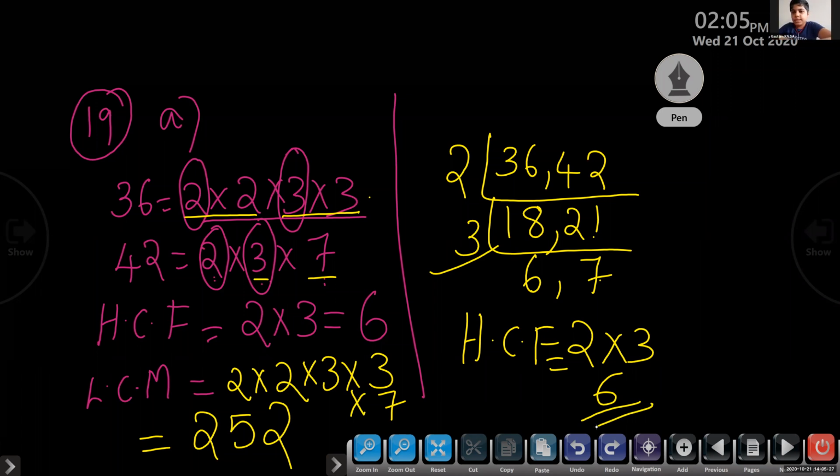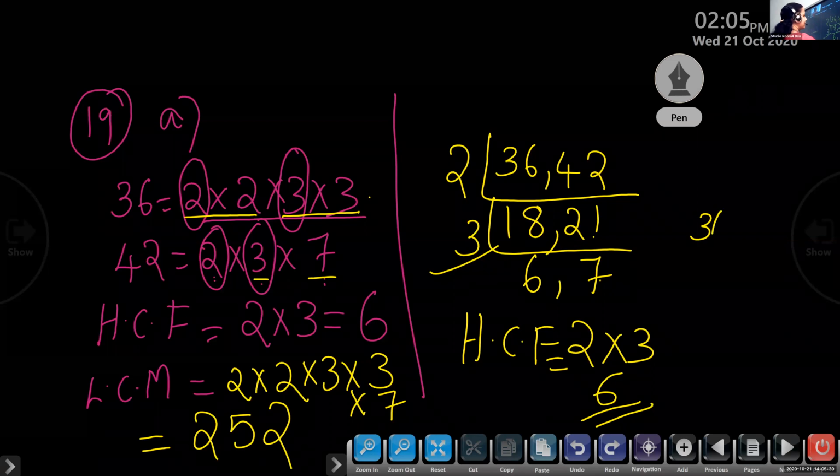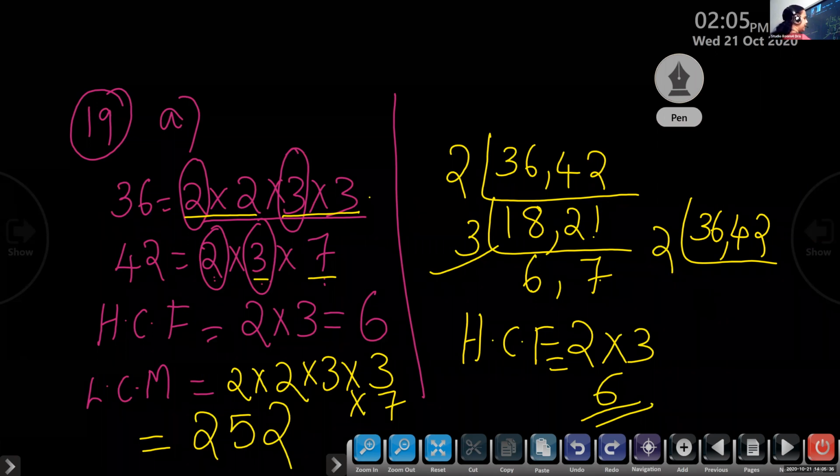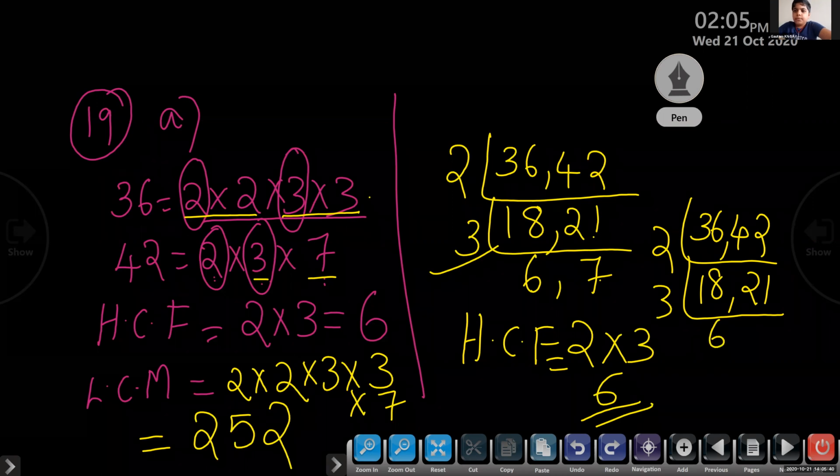Now, same, we will take 36 and 42. But for LCM, you have to go on. We will take 18 here, 21. Same 3, 6, 7. Now children, again you have to take 2. 2 into 3 is 6.